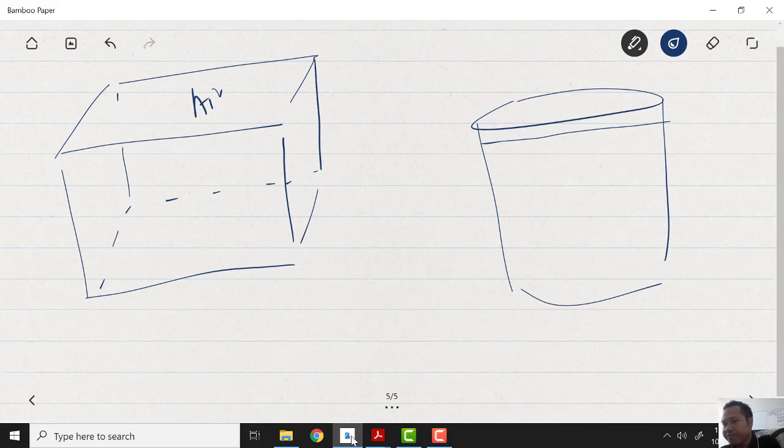If the room is filled with air, at any location the pressure in the room is the same: P1, P1, P1.